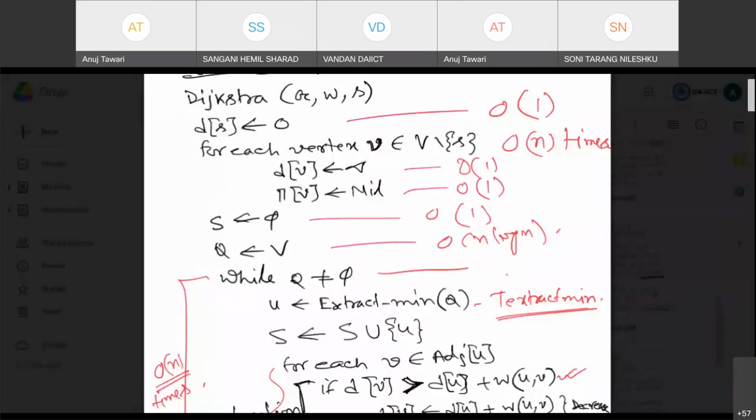You can use some heap and just apply that extract minimum.